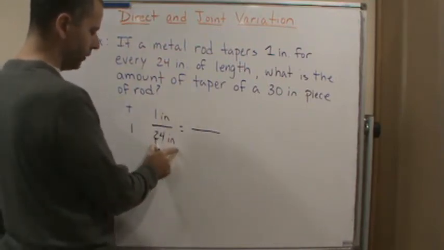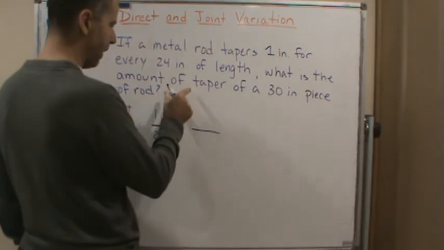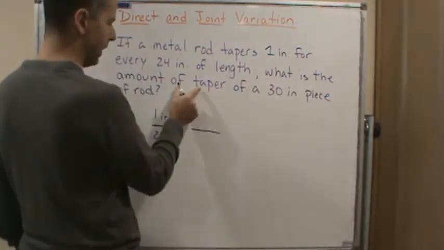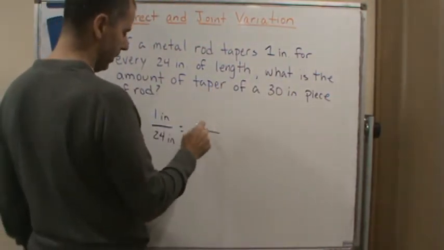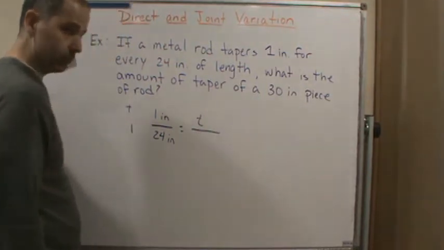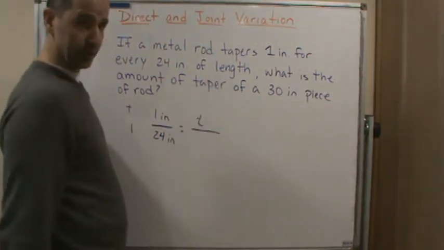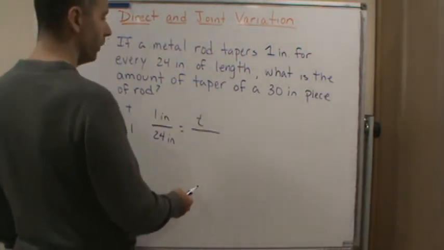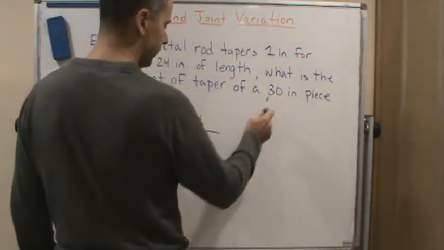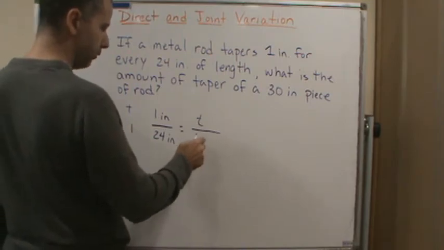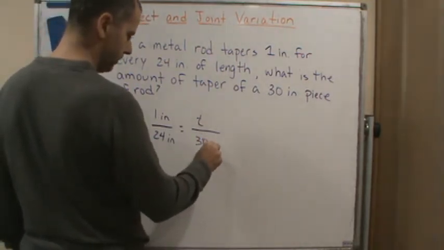So I've got 1 over 24, and the other one is asking me what is the amount of taper. So I don't know the amount of taper, so I'm just going to use T, or X, you can use X, whatever. And the length of the piece of metal rod is 30 inches.